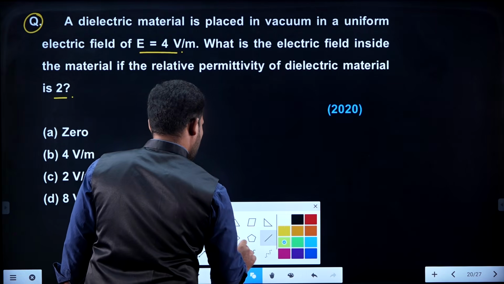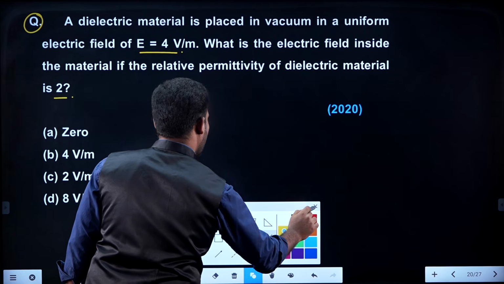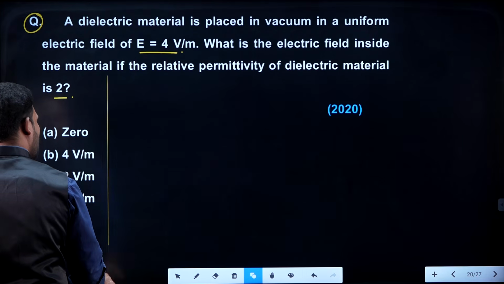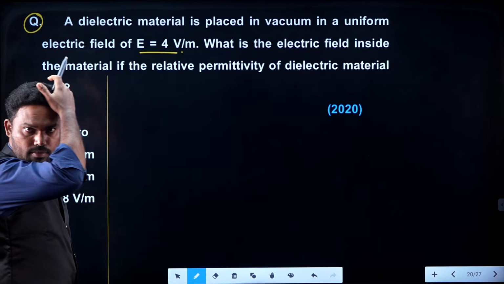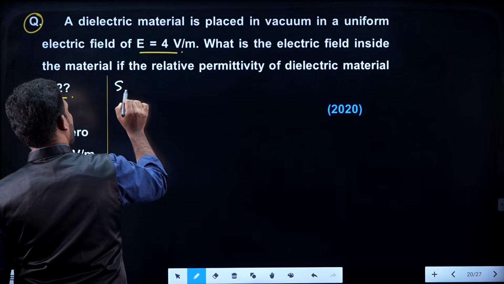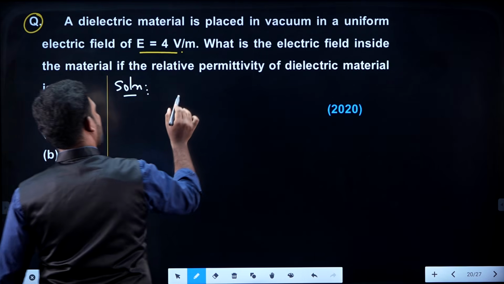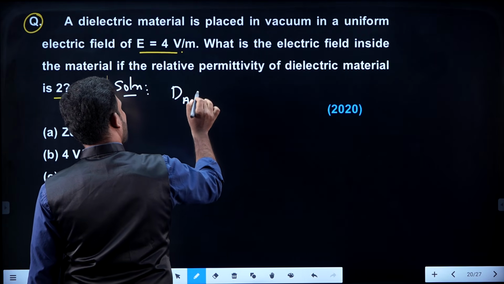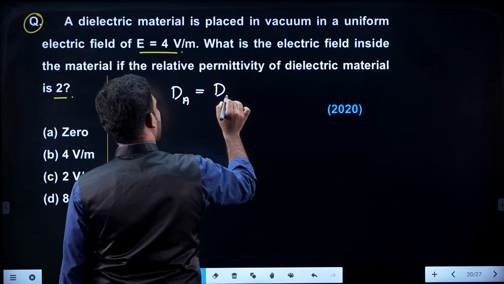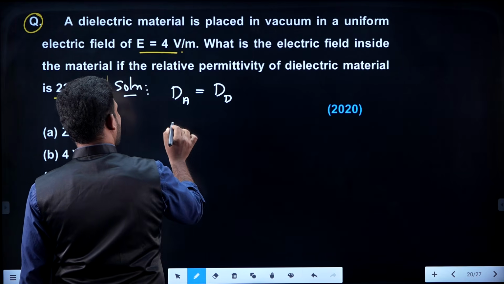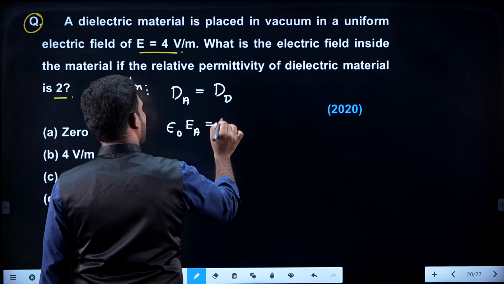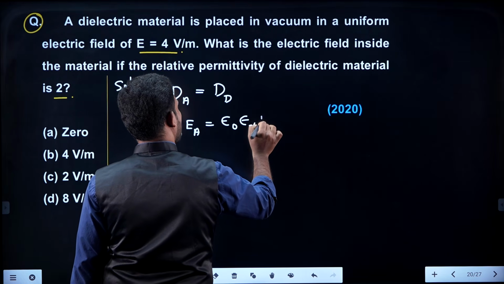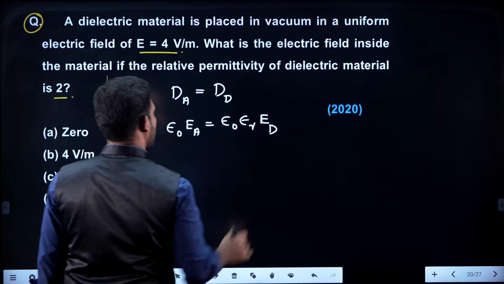See, when the fields are interacting from one medium to the other medium, electric flux density remains the same. So, electric flux density in the air and electric flux density in the dielectric are the same. So, in the air it is epsilon naught into E, in the dielectric epsilon naught epsilon r into E.